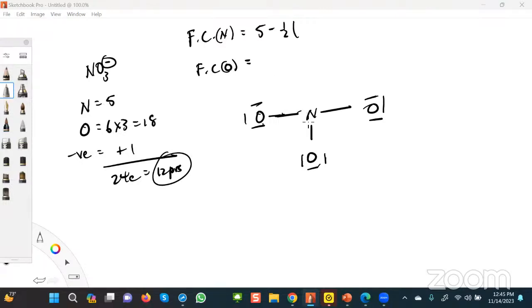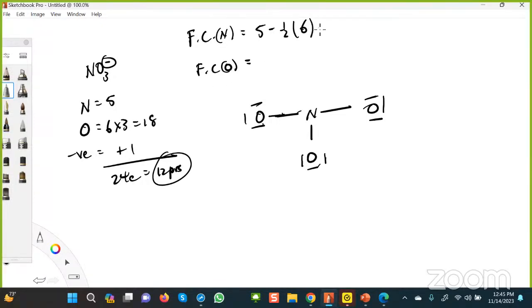Nobody knows how many pairs of electrons or how many electrons nitrogen has? It would be indeed 6. You're absolutely right. And how many non-bonding pairs? 0. So that's 5 minus 3, so that's plus 2. So the nitrogen will have a plus 2 charge.